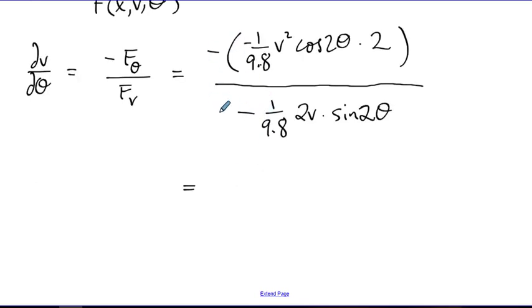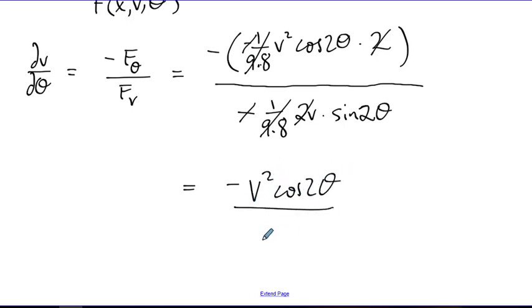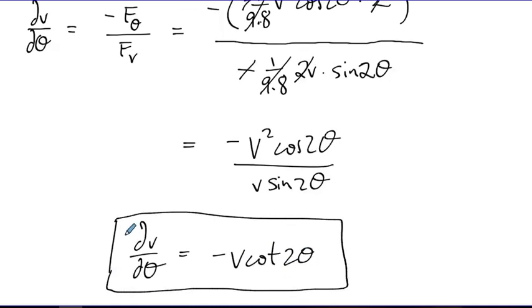So I've got 3 negatives here, so only 1 left over. And actually, though, we could even just say this 1 over 9.8 is going to cancel, and the 2's cancel. Let's just do it like that. So I've got negative v squared cos 2 theta over a single factor of v sine 2 theta. So that's that one.